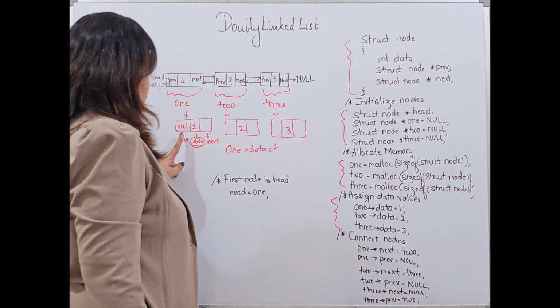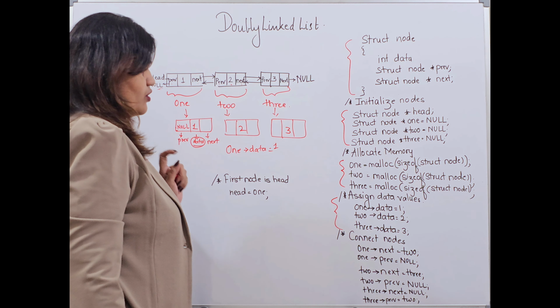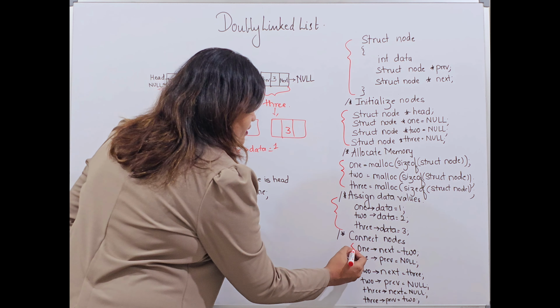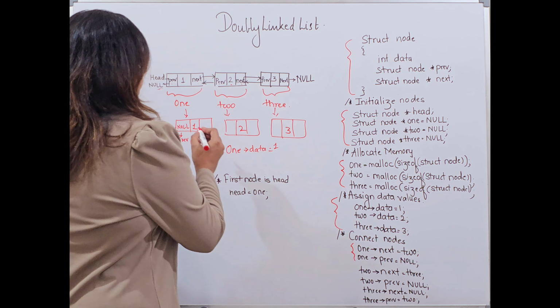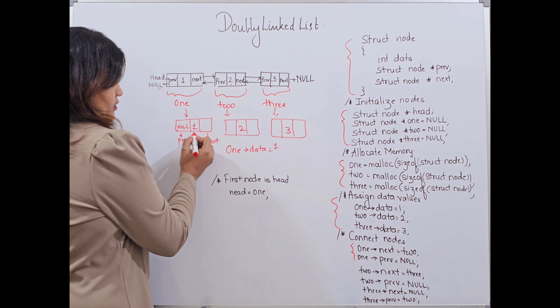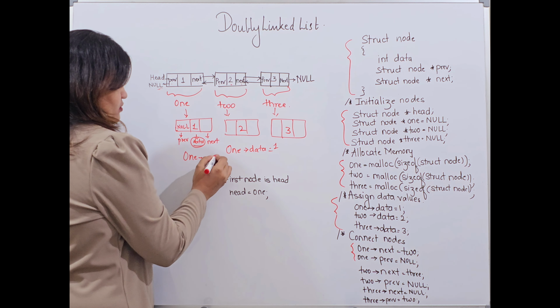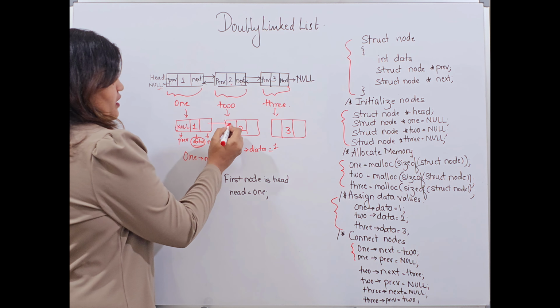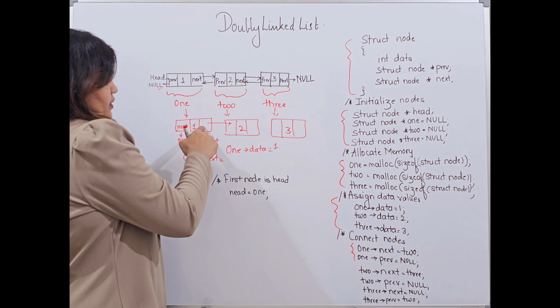So previous for your node 1 is null. If you can see over here, there are two lines that are written. The first one says 1 to next is 2. This is your 1, right? 1 to next is 2.